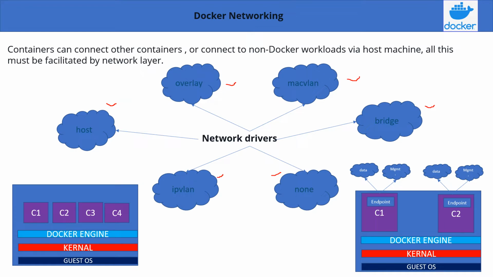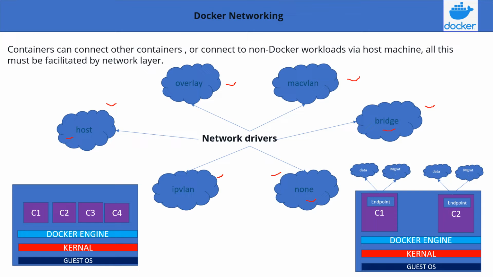By default, you are going to see host, bridge, and none. For all these network drivers, there are different use cases, which we are going to discuss going forward. As of now, let's understand the overall concept.